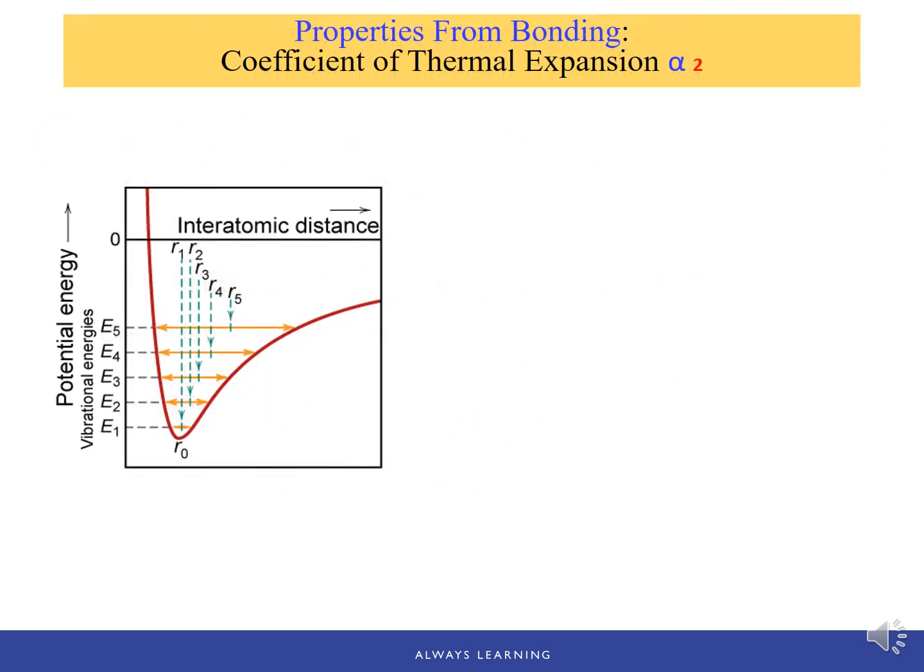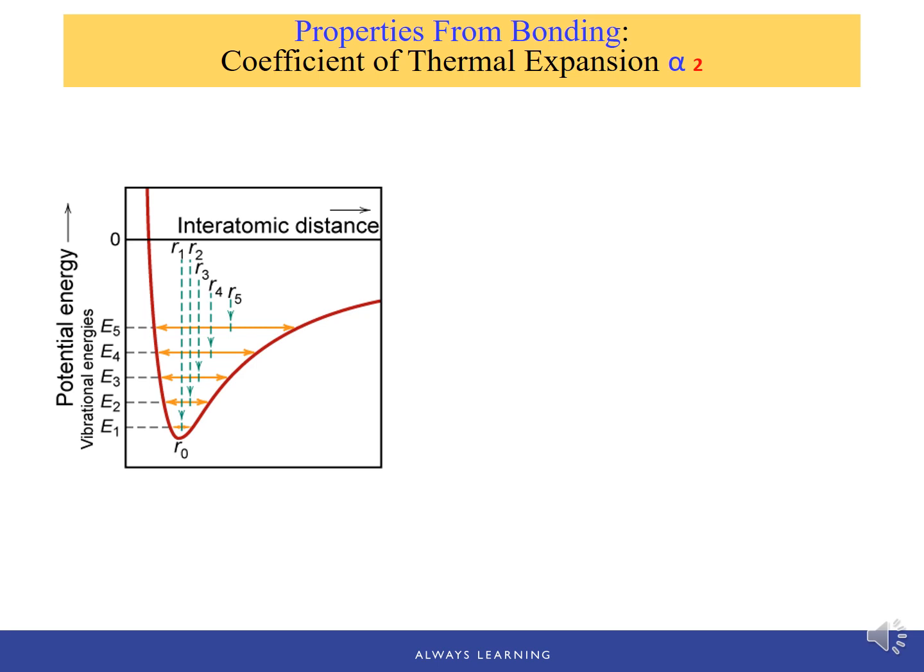The coefficient of thermal expansion alpha is related to the asymmetry of the energy versus separation curve, actually related to the shape of the curve. So think about what the change of the dimension means.